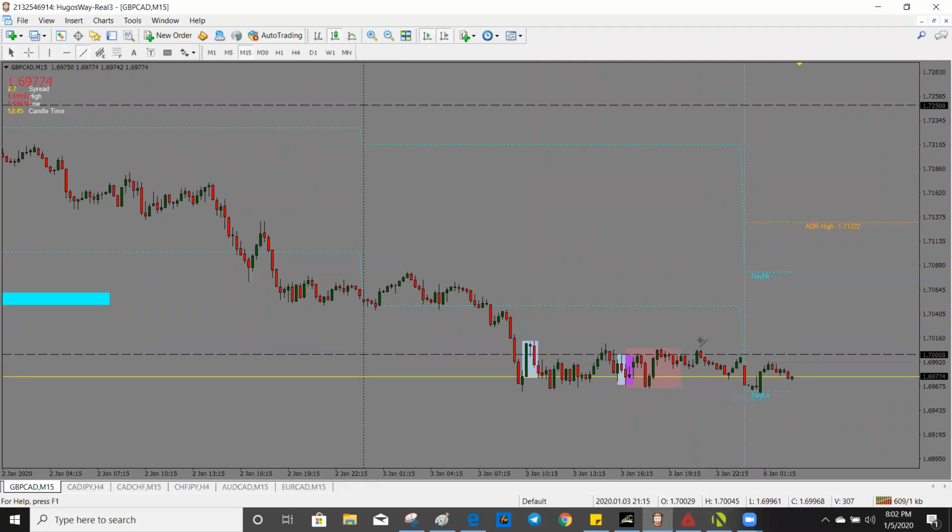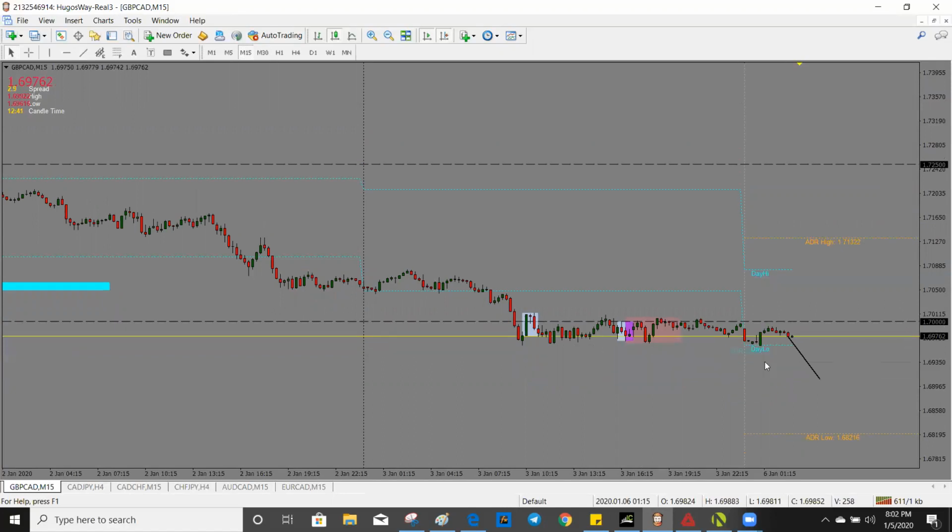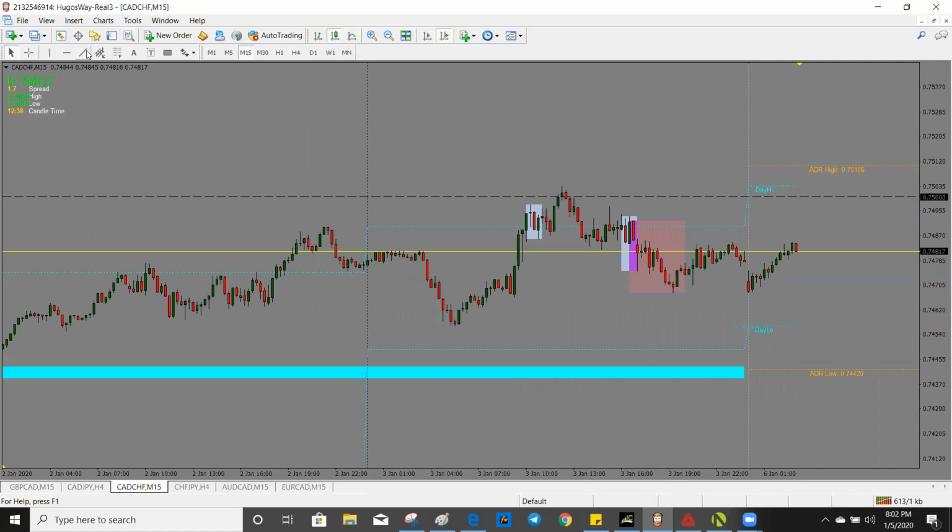Then you probably would speculate something else. You probably speculate that maybe they're inducing sellers, and then we see Canadian Swiss, instead of doing a break to the low, comes above the high, above this key level, and then it traps, and then you could possibly short it. So always be adaptive.